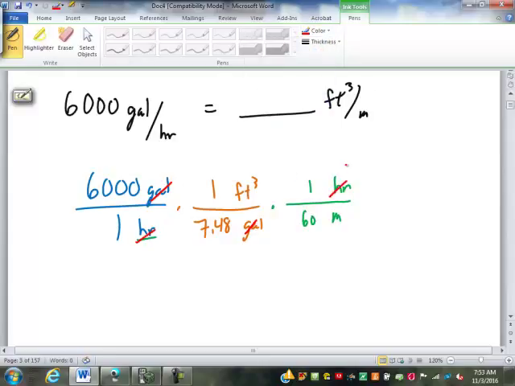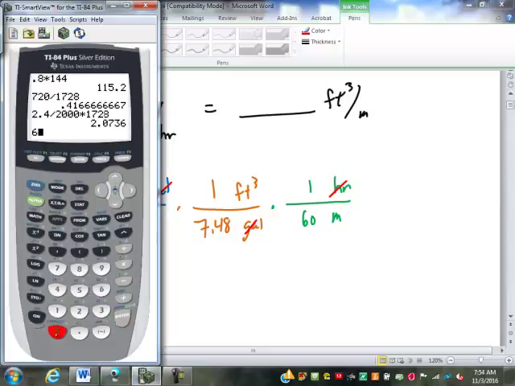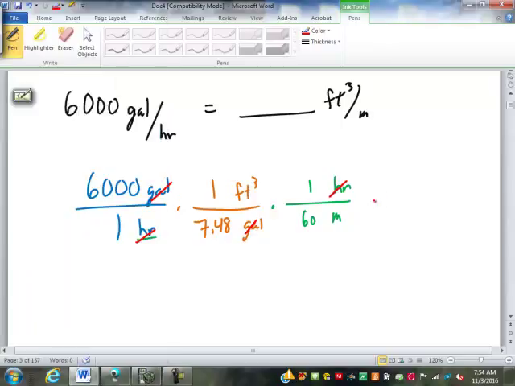So hours are gone. So this is going to be 6,000 divided by 7.48 because it's on bottom. And divided by 60 because it's on bottom, giving us 13.37 cubic feet per minute. How many of you got that?